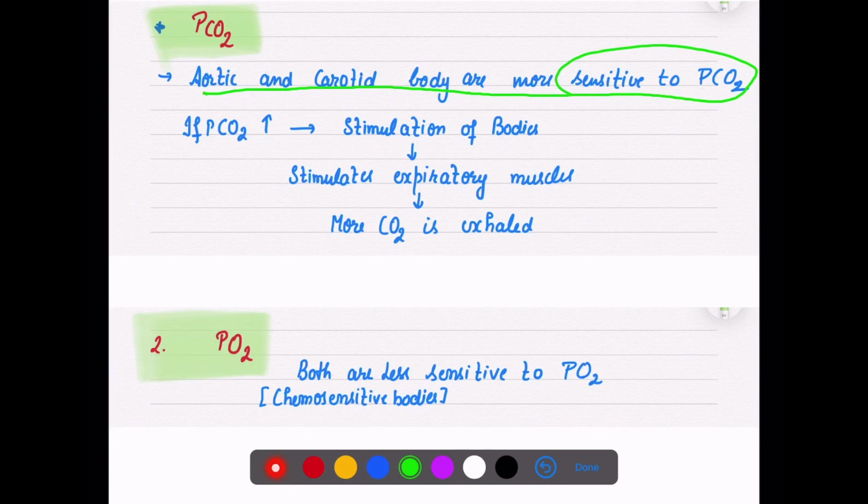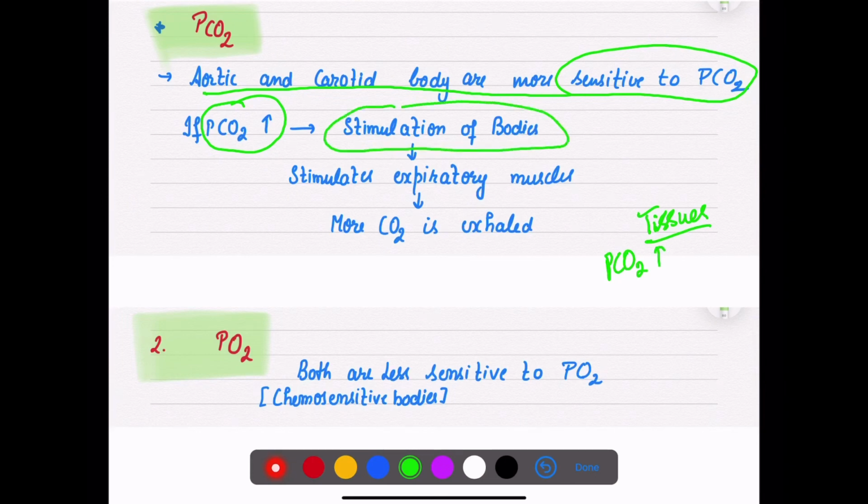If there is an increase in the partial pressure of CO2, as you can observe in the tissues, there is a stimulation of these bodies. Carotid and aortic bodies get stimulated, then they stimulate the expiratory muscles.